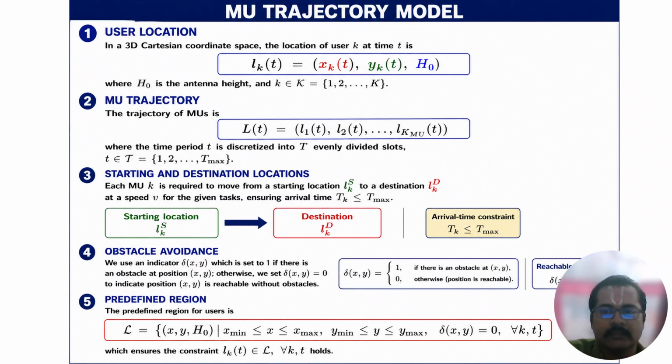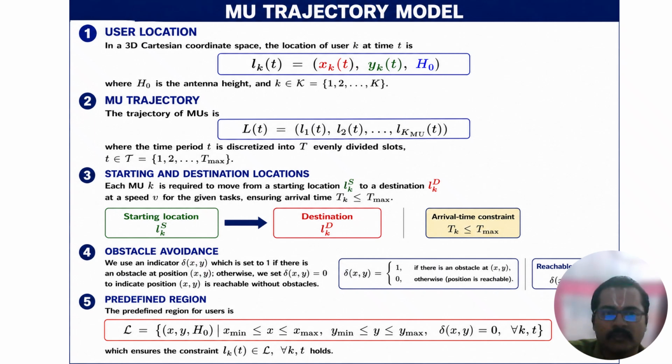So let's take the model. In 3D Cartesian coordinate space, the location of user k at time t, where the user is a mobile user, an autonomous mobile robot.